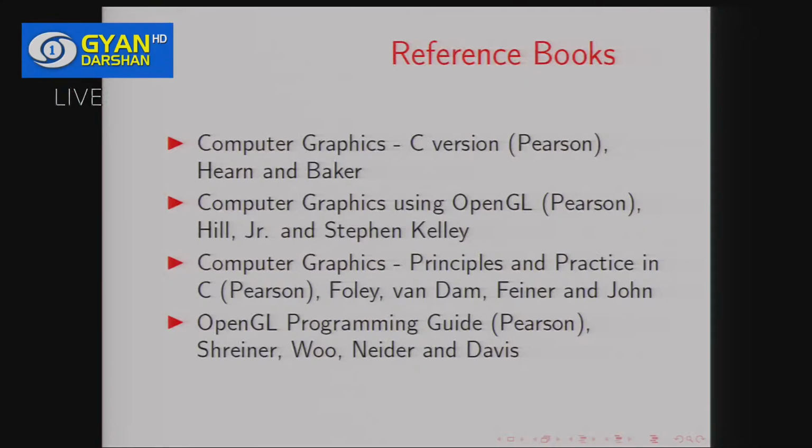Apart from the study material, you can also look at some standard books for computer graphics. These books are Computer Graphics C Version by Hearn and Baker. Another one is Computer Graphics Using OpenGL by Hill and Kelley. Another book which is also quite interesting is Computer Graphics Principles and Practice in C by Foley, van Dam, Feiner and Hughes, which actually uses the C programming language.